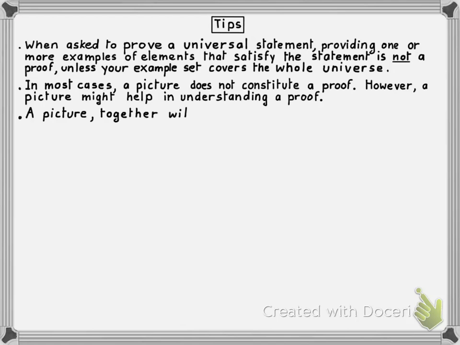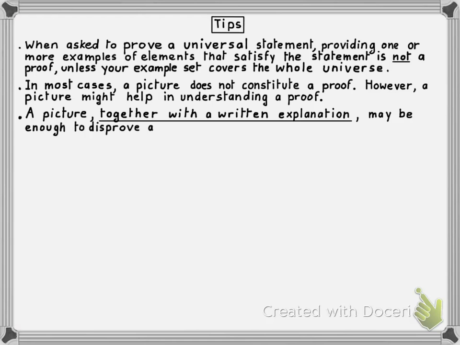Now, there's one situation where a picture may constitute a valid proof, as long as you add a written explanation with the picture, because a picture by itself is typically not enough. However, the point in this third tip is that sometimes a well-chosen picture, together with a couple of sentences, might be enough to prove a theorem, especially if the theorem says that something is not universally true, meaning it's not true that for all x, p of x.